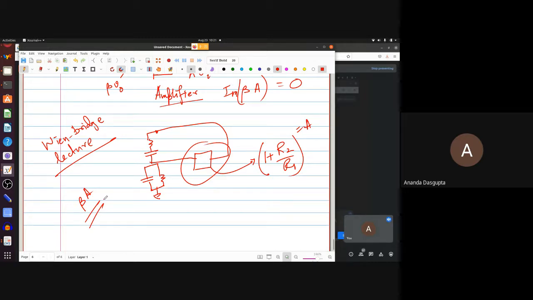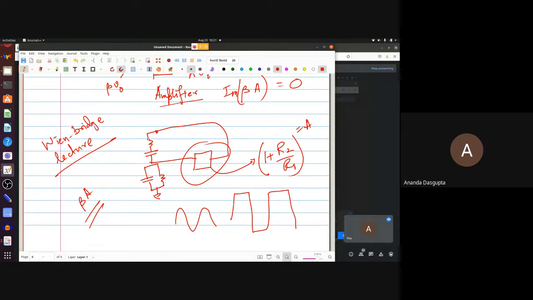Then the output becomes even bigger, then even bigger, and you get a huge output. Of course, a real amplifier will never give a huge output. What will happen is the output will simply get distorted because of nonlinearity. There may be an upper limit to how much output it can give. Then it will just stop there. So you will get a flat peak. The output will look somewhat like this, instead of a sinusoid, which you really want.